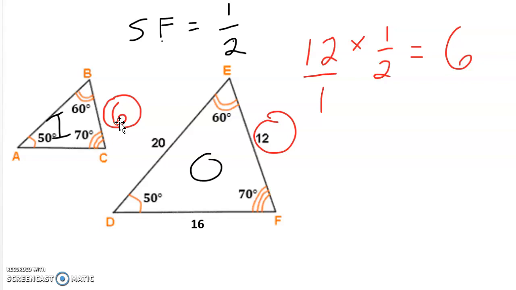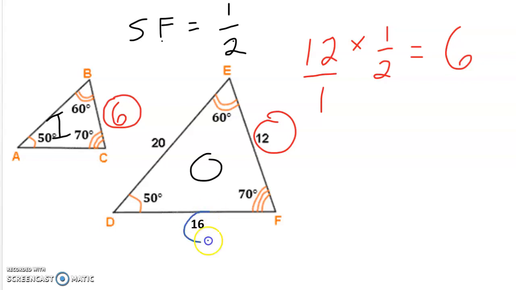It got smaller. So one more time: when the scale factor is a number bigger than 1, the shape is going to get larger. And when the scale factor is smaller than 1, like a fraction less than 1, the shape is going to get smaller.